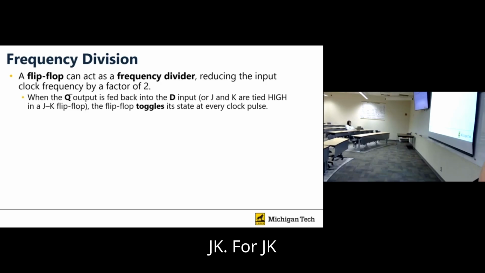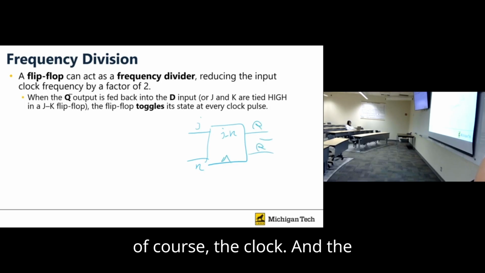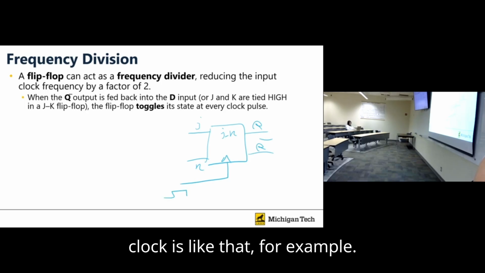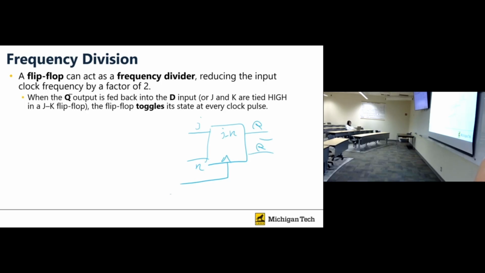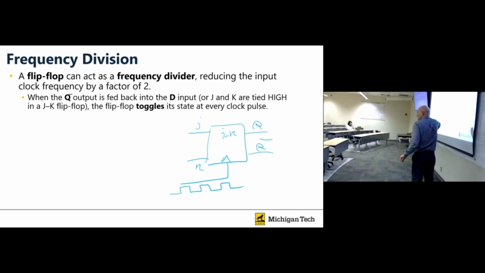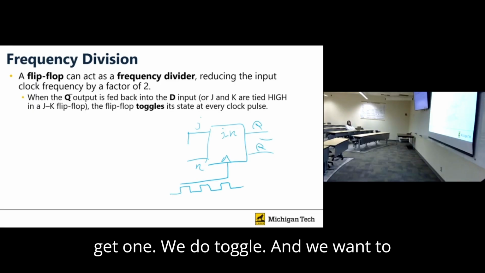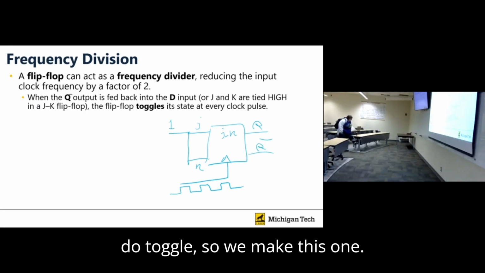Okay, let's see JK. For a JK flip-flop, you have J and K, and Q and Q bar, and of course the clock. If you want to toggle in a JK flip-flop, both inputs need to be 1. We want to toggle, so we make both 1.